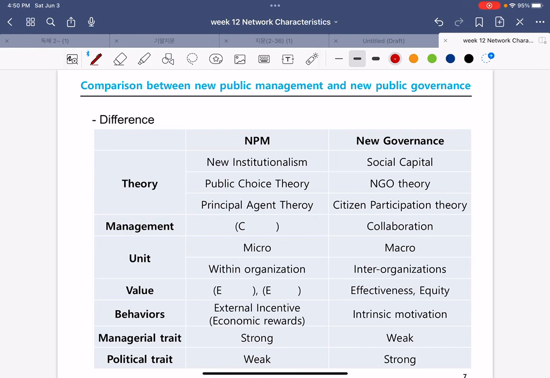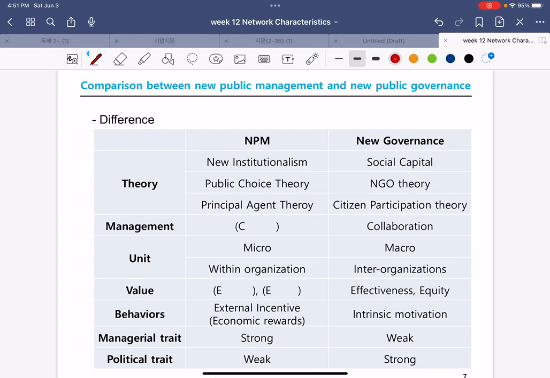Also, in terms of management, what is important in the management of NPM? In new governance, collaboration is very important to make good management.